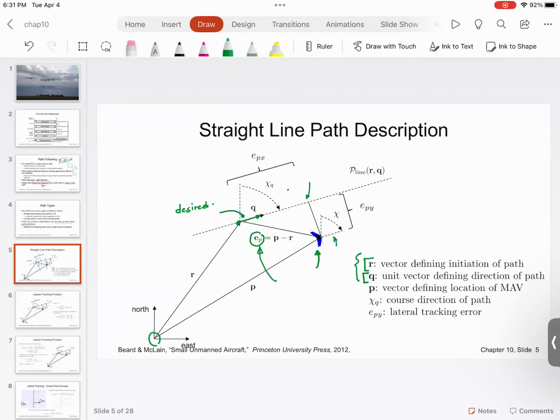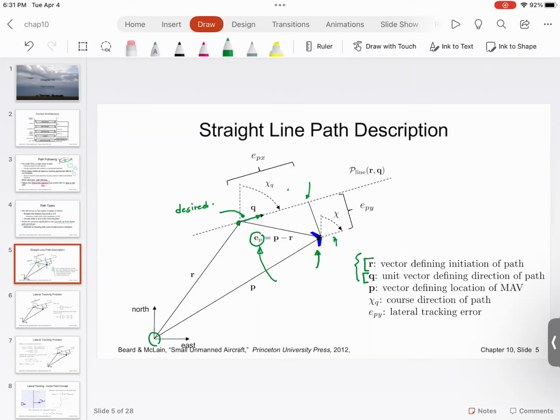That is something we have control over, but that control is in the body frame of the UAV. The vector R and vector P are defined with respect to the inertial coordinate frame. But at the end of the day, we want to travel on the path, where the path is defined by the vector R and the direction cosine Q.